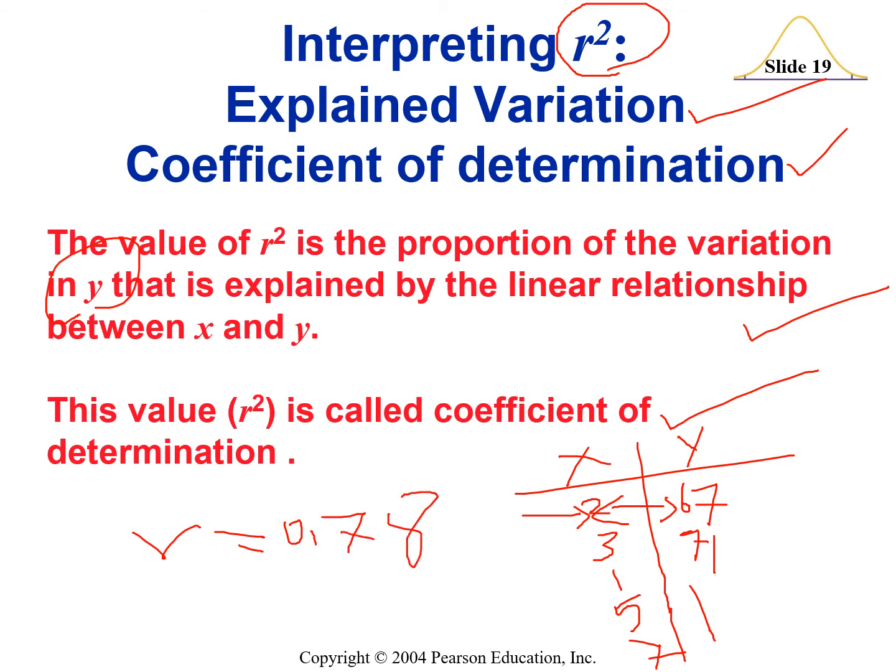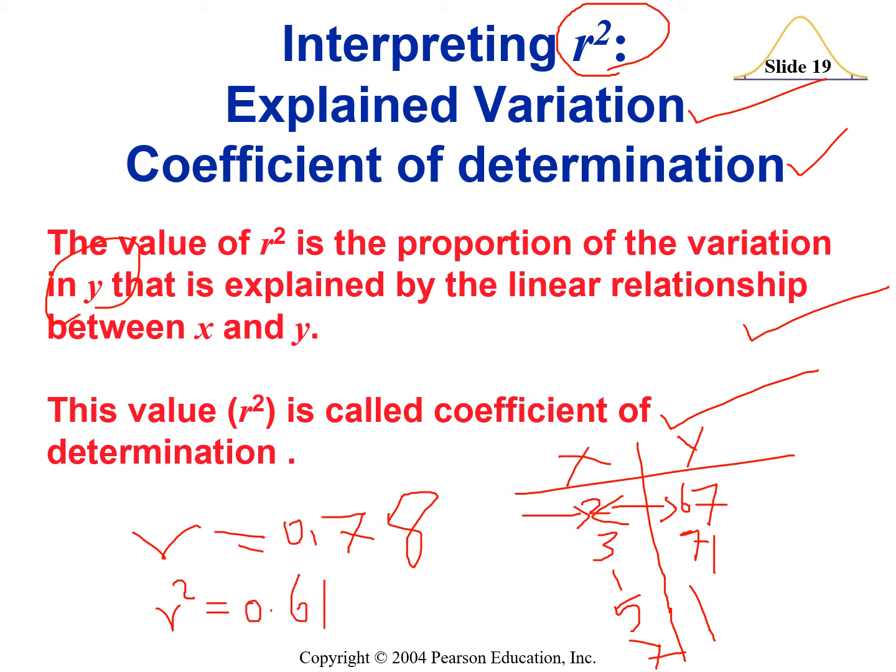This indicates a strong positive correlation between x and y, meaning that increasing x, the number of hours of reading, leads to an increase in y, the score of students. Now let us compute r square: 0.78 squared is 0.61.